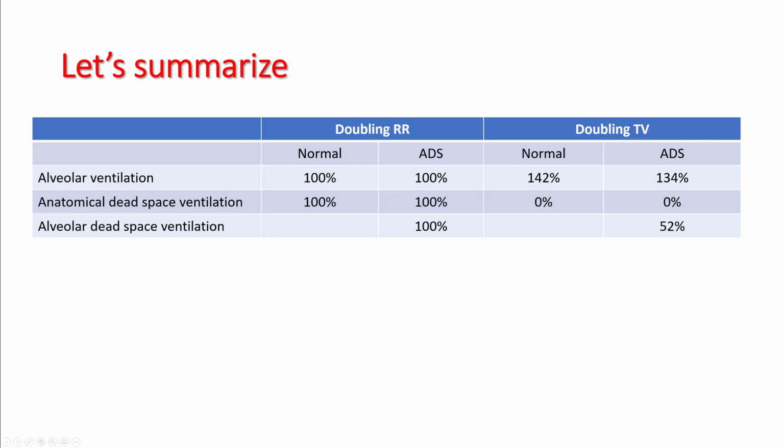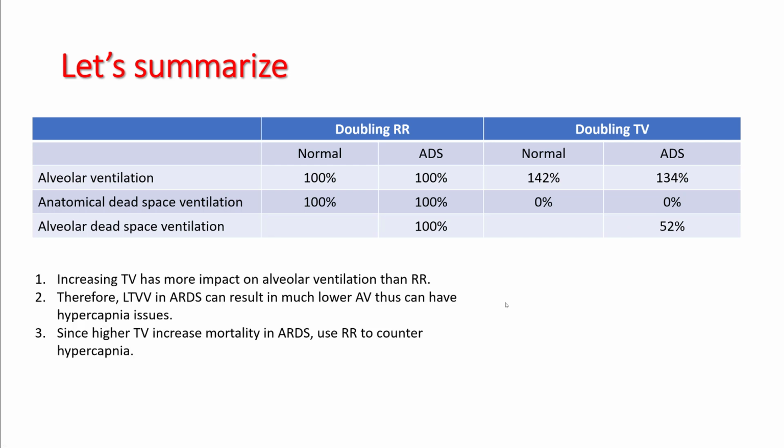However, when you double the tidal volume, in a normal person, your alveolar ventilation increases by 142%, and in patients with alveolar dead space, it increases by 134%. There is no increase in anatomical dead space ventilation, and there is an increase of 52% in alveolar dead space ventilation. So, increasing tidal volume has more impact on alveolar ventilation than the respiratory rate.